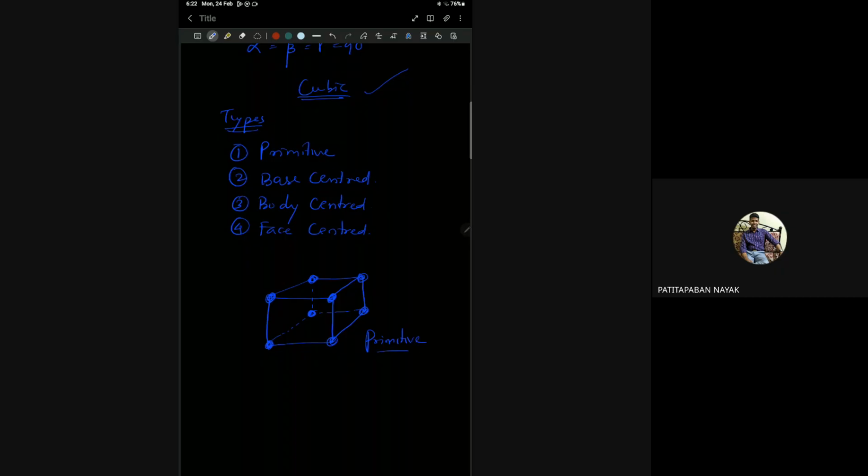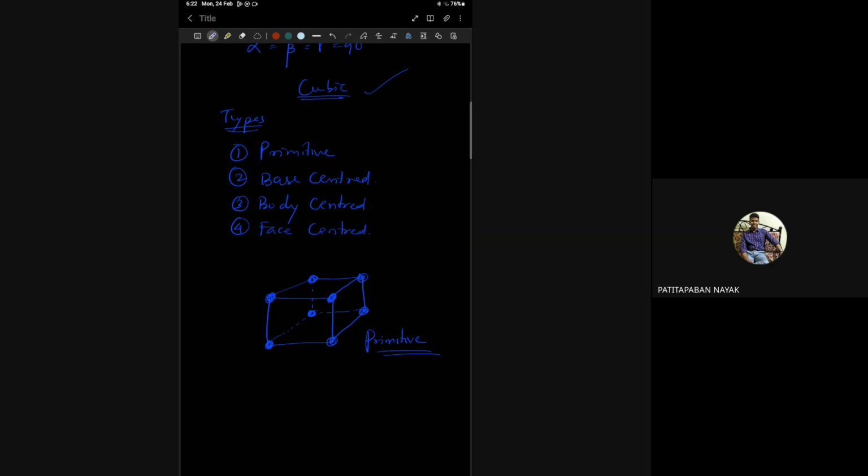Primitive and simple can be the same. It is kind of simple cubic.